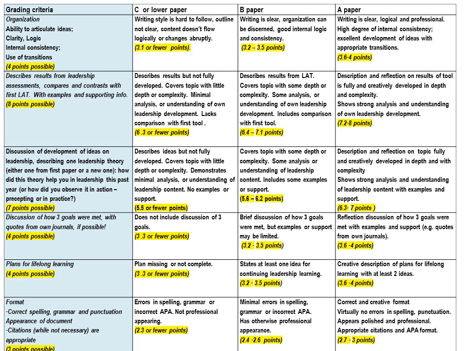Well, remember in 515A we had you talk about the goals with each journal. So if you did that, hopefully you have some quotes about what you were doing. The next one is a plan for lifelong learning. Notice that for the A criteria, you have at least 2 ideas. Again, it doesn't have to be formal education, but how are you going to continue to develop? Where are you going to seek education? And of course, I'm sure your format is going to be perfect because you know APA and how to write now.